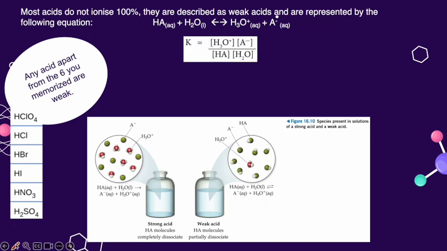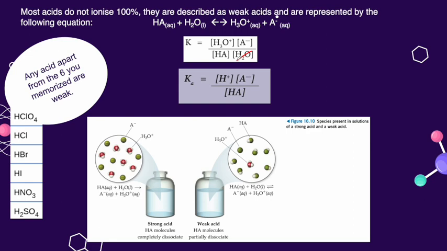Obviously, we're not going to be adding the H2O because it's a liquid, and this is what it should look like. Remember that hydronium ions and hydrogen ions are the same thing, so please don't be confused when you see either of them in the equation, like over here. These are all of my species that are involved in the reaction.